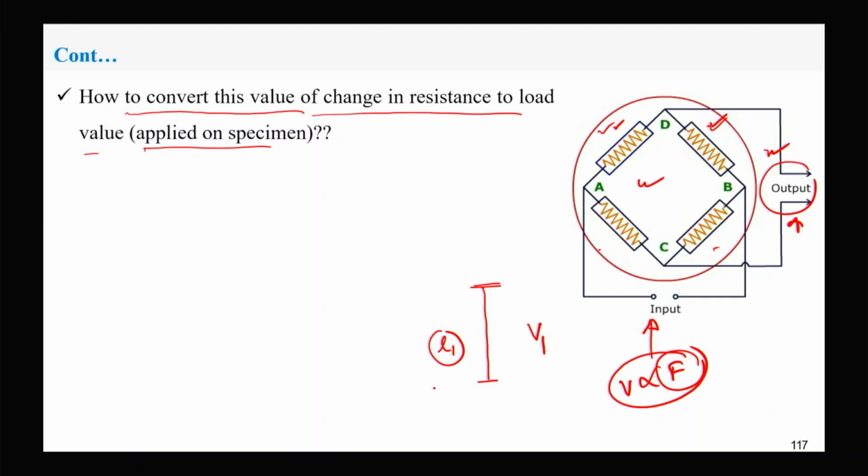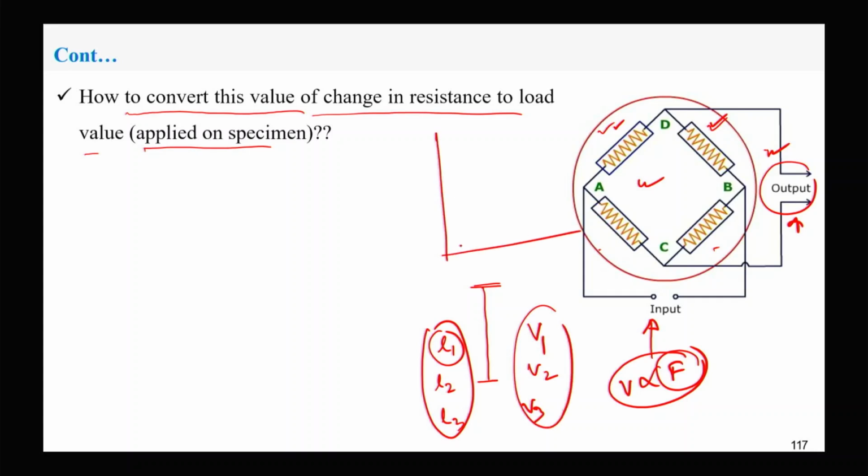Similarly, we keep on increasing: L2 we get V2, L3 we get V3. Using this data we will get one regression equation, and this regression equation will be used for predicting the load value for a given voltage value.